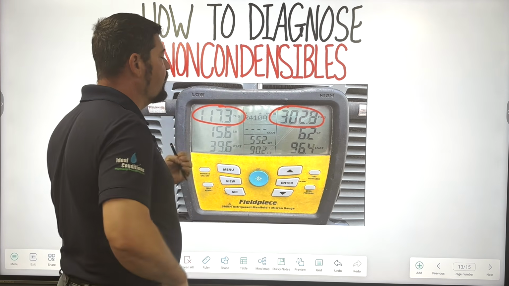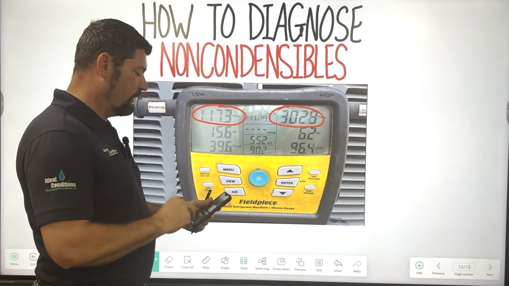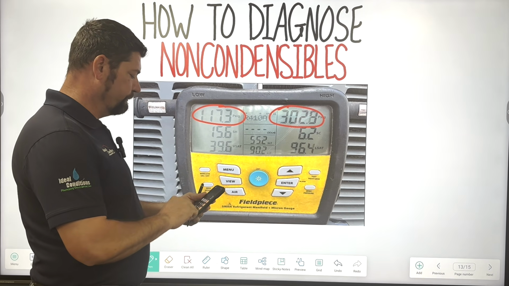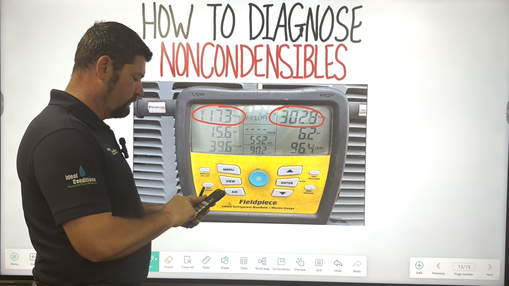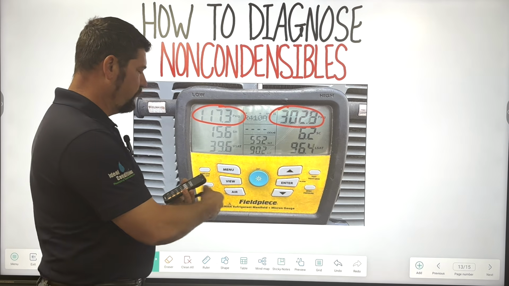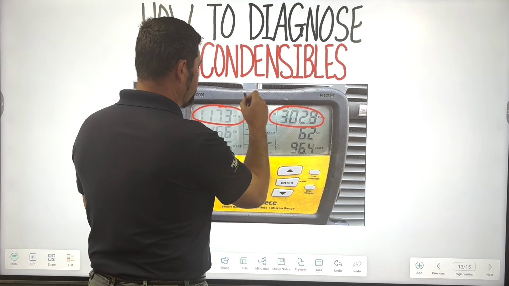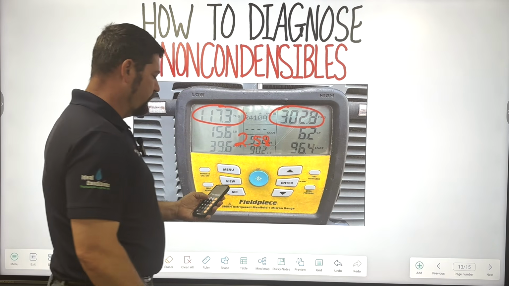If we were just to divide those into each other, what would our pumping ratio be? I'm just going to do it real quick. And that comes up to 2.58. So I'm going to write that up here, 2.58. And that's our pumping ratio.